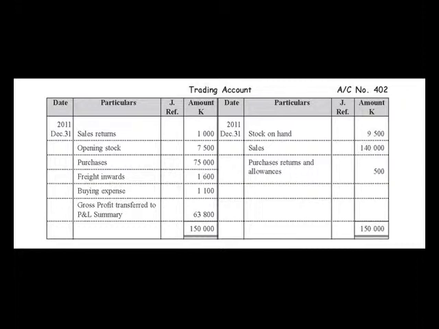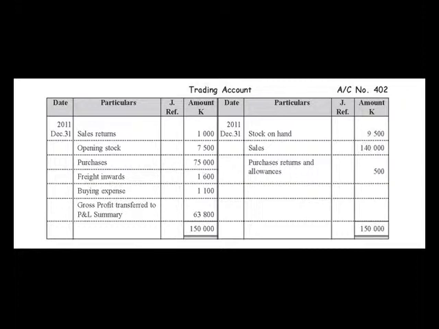You can see the double entries now. It is more clear than the journal entry. Sales returns debit, opening stock debit, purchases debit, freight inwards debit, buying expenses debit, closing stock 9,500 credit, sales credit, and purchases returns credit.